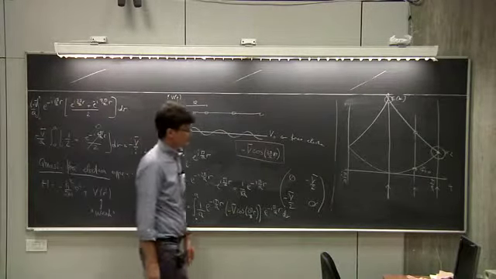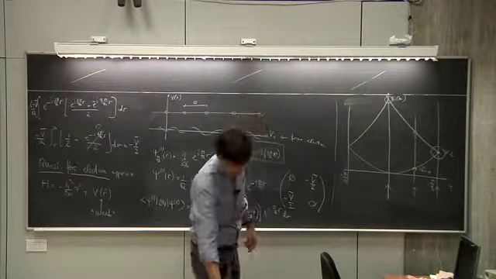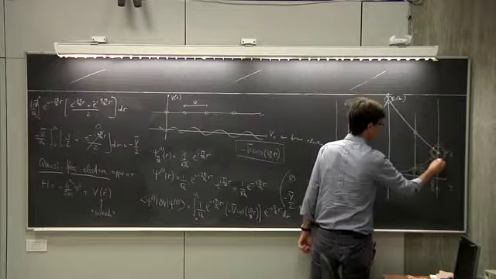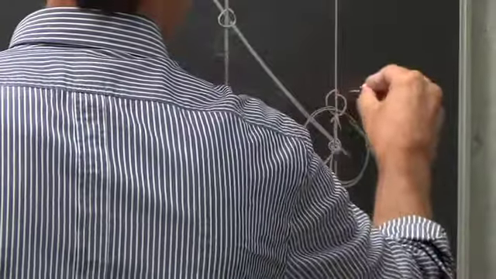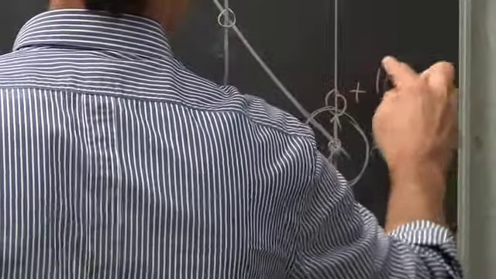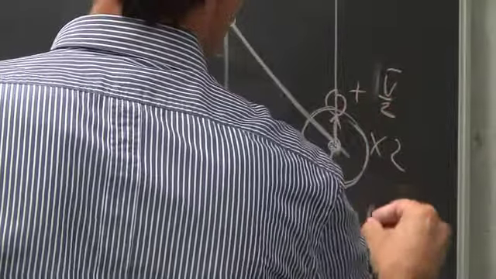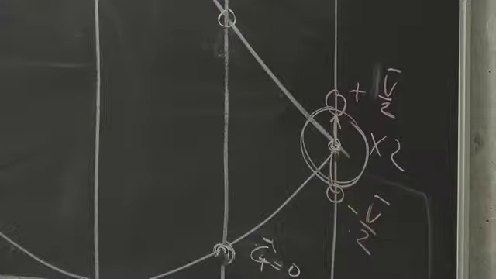Okay, so what used to be a degenerate manifold here is now split into two states, one at plus v bar over 2, minus v bar over 2. I don't need to care about the signs because I know that v bar is positive.